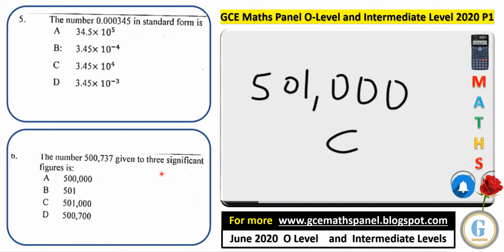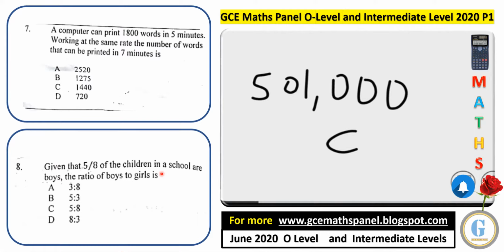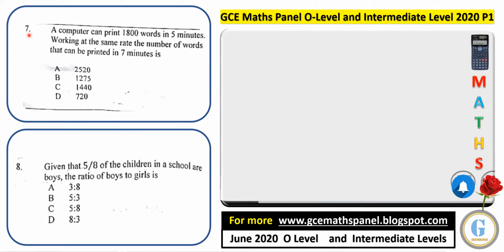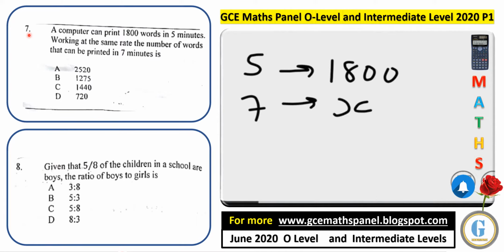Question number 7. A computer can print 1,800 words in 5 minutes. Working at the same rate, the number of words it can print in 7 minutes is, here we can do simple cross multiplication. So we have 5 minutes gives 1,800 words. So in 7 minutes it will give, let's call it x.